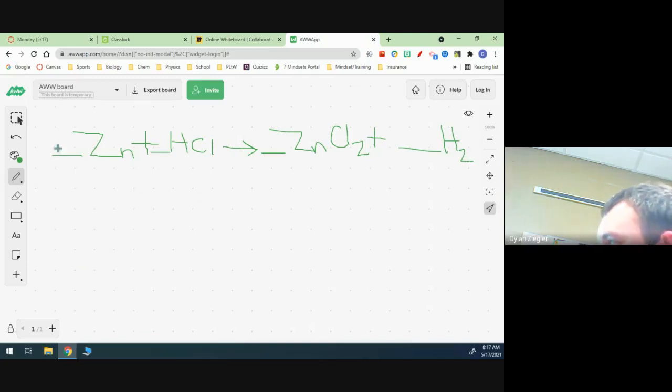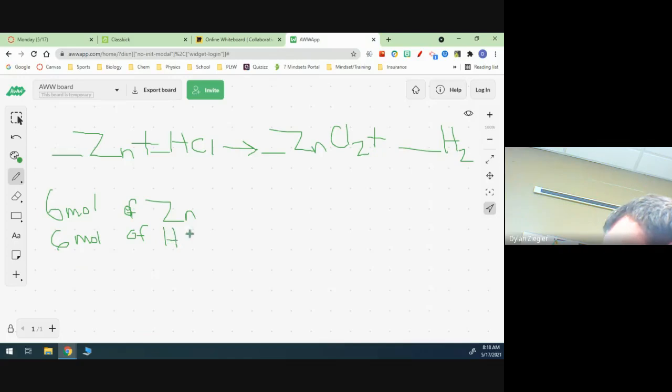Okay, so there's the equation. Blank Zn plus blank HCl, arrow blank ZnCl2 plus blank H2. And we have 6 moles of Zn and 6 moles of HCl.